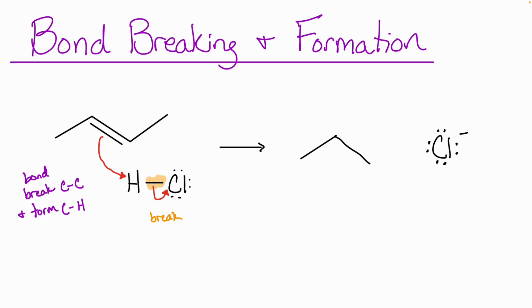So if I do my product here, I'm going to explicitly draw my new carbon-hydrogen bond to show that this pair of electrons that was that carbon-carbon pi bond is now this carbon-hydrogen bond over here.